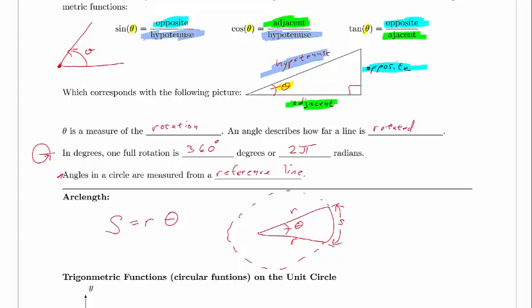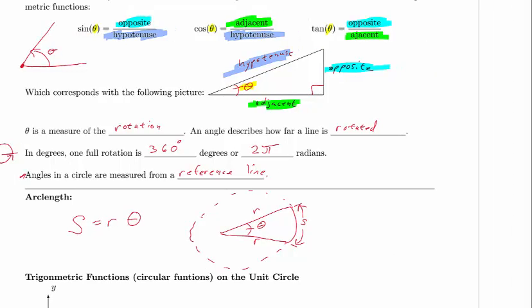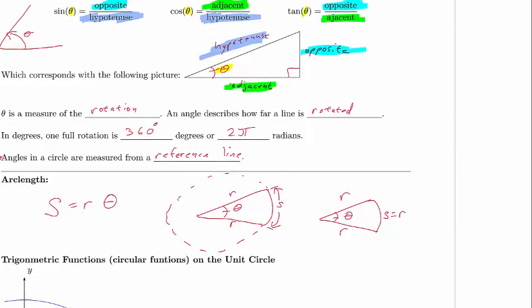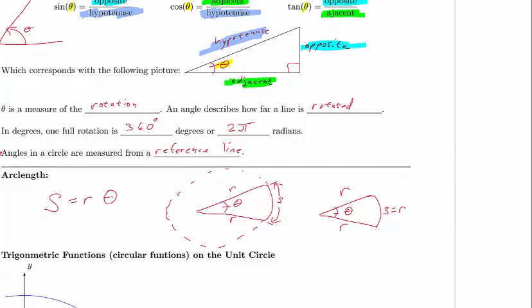Now, 1 radian is defined when the arc length is the same as the radius. So on the unit circle, or for any circle for that matter, we have the radius and the radius, then we have our arc length right here, and it is equal to the radius. And here's theta. We want to find the radians for this one, or find the angle.